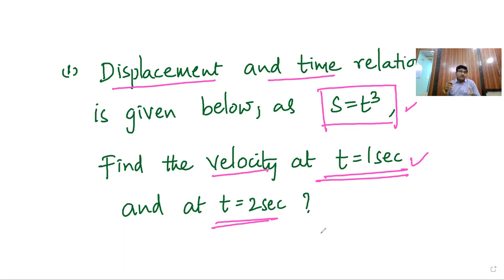That means velocity at a particular instant of time is known as instantaneous velocity. So the problem is indirectly asking the instantaneous velocity.